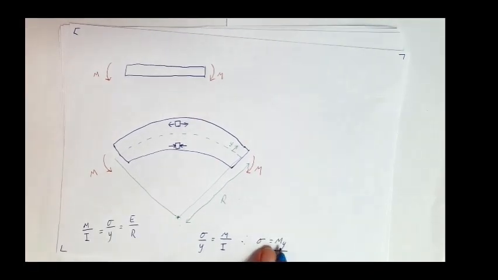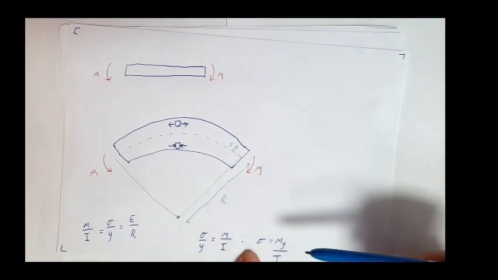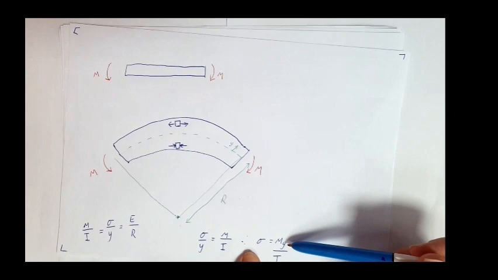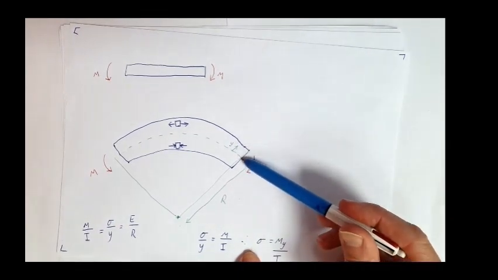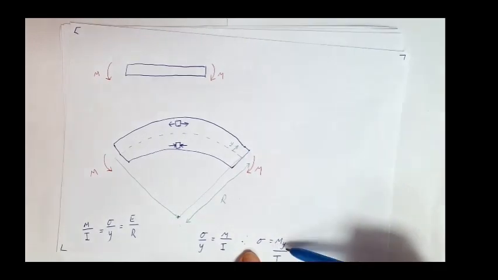Well, as the moment increases, the stress is increasing. They're directly proportional. As Y is increasing, the stress is increasing. They're directly proportional. As I is increasing, the stress is decreasing. It's inversely proportional. If Y is 0, the stress is 0. Okay, so on the neutral axis, when Y is 0, the stress is 0.